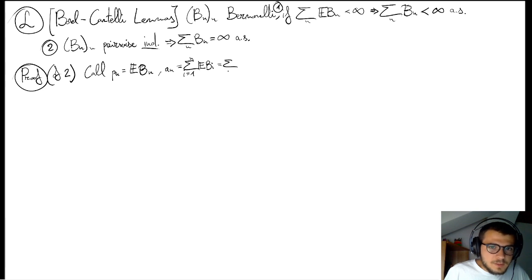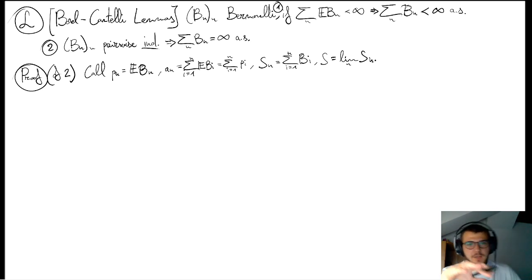And we also define Sn as the sum of the Bi's, and S is the limit of Sn. So we define all these things.